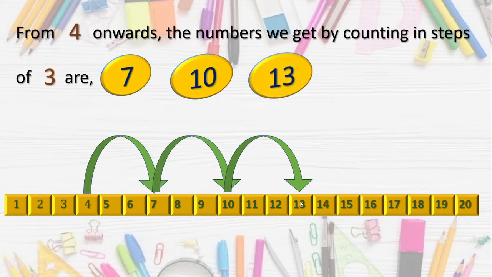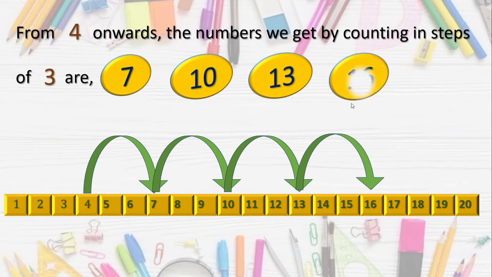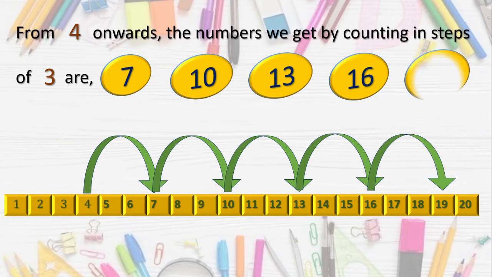From 13 in steps of 3 means we get 16, isn't it? I hope you understood about the steps. Now we'll write here 16. Now from 16, the next step will be 19 because we are counting in steps of 3. Right?